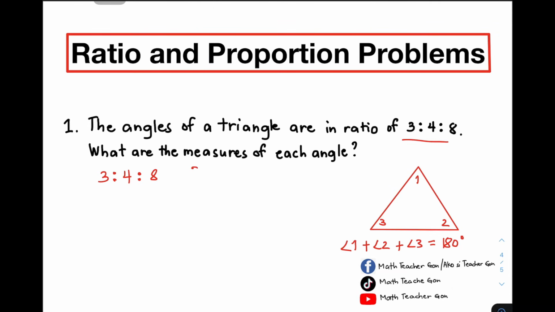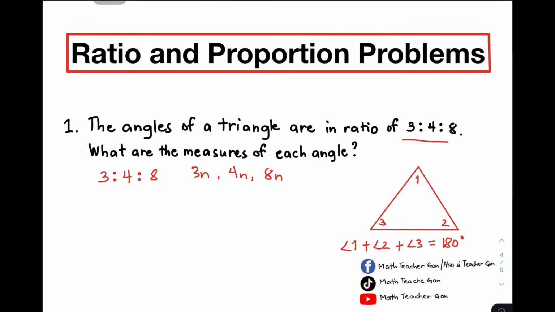Magiging 3n, 4n, and 8n. Since yung n yung napili ko. And since meron tayong knowledge na the sum of the three angles of a triangle is equal to 180, we will add these expressions 3n plus 4n plus 8n, in which sila nag-represent ng ating ratio kanina rito.